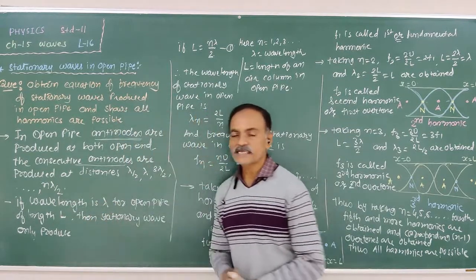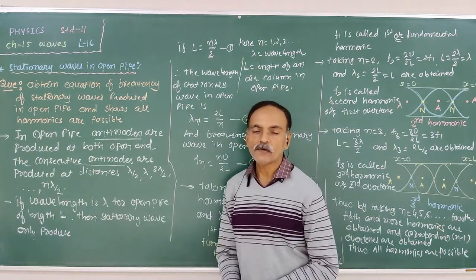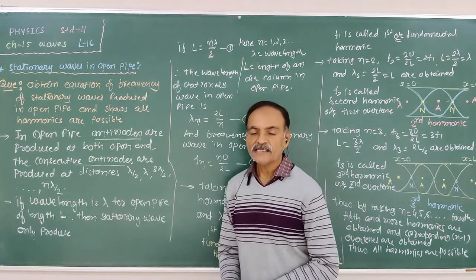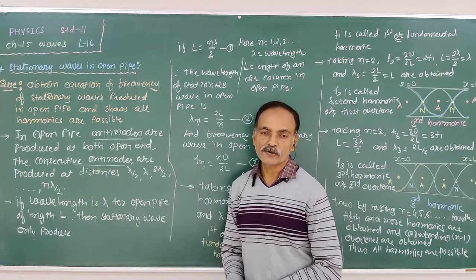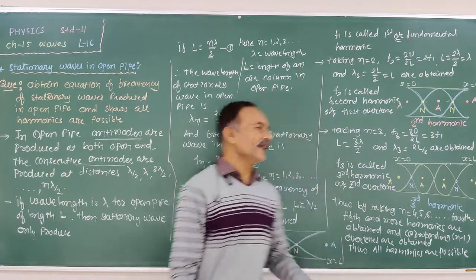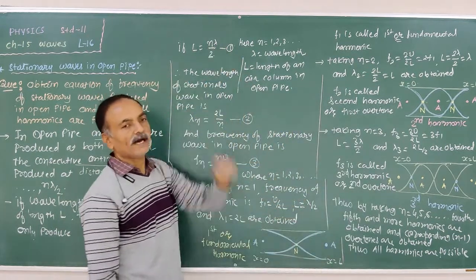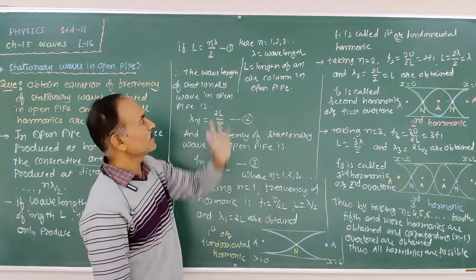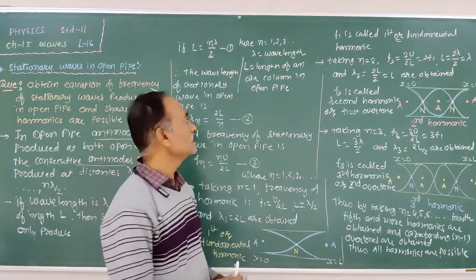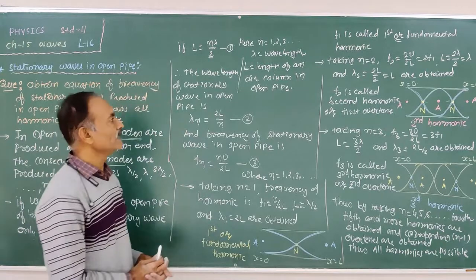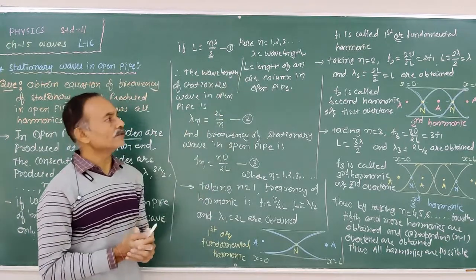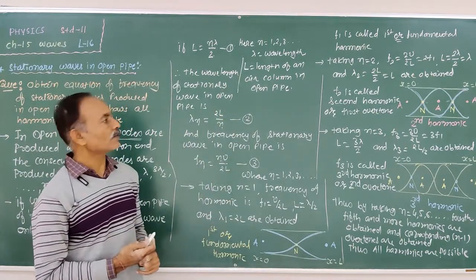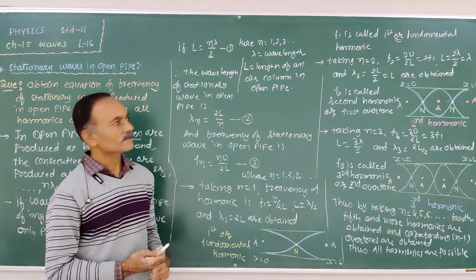If the wavelength is lambda for an open pipe of length L, then stationary waves are produced for L is equal to n lambda by 2, where n is equal to 1, 2, 3 and so on. Lambda is the wavelength and L is the length of the air column in the open pipe.